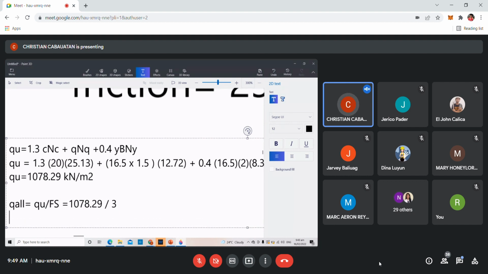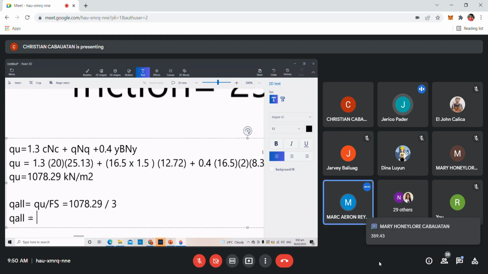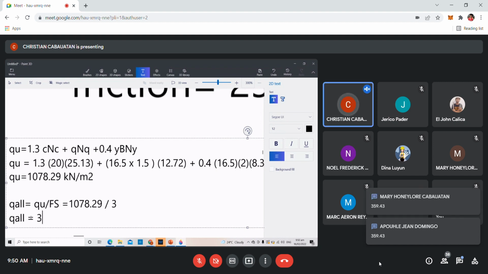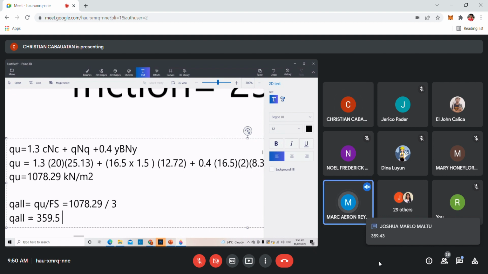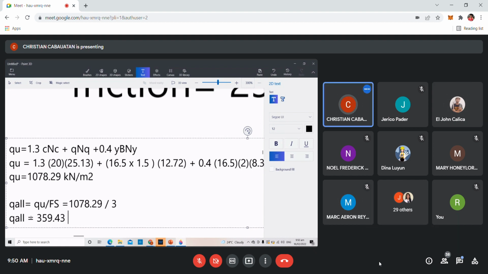Q allowable. 359.43, sir. Okay. Okay lang ba na ang unit niya is kilonewton per square meter?